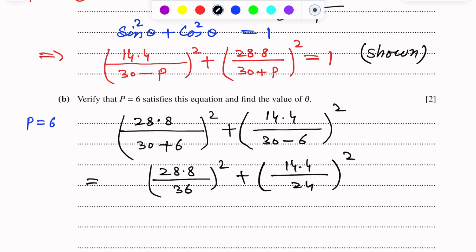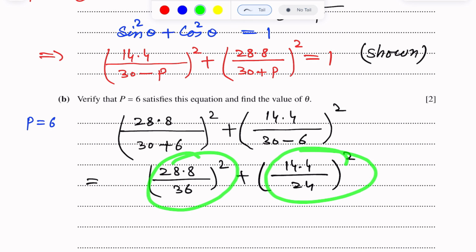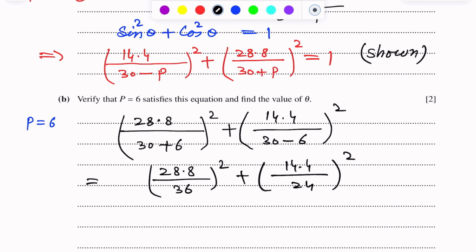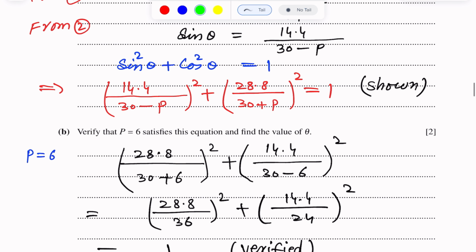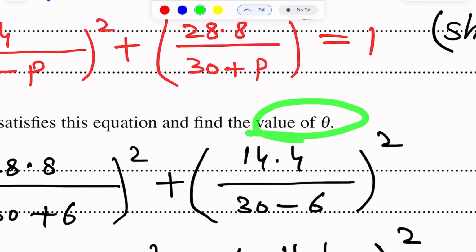After simplifying and adding these two terms, we get this is equal to 1. This is verified. We can use a calculator here to find the sum of these two terms. We get 1.